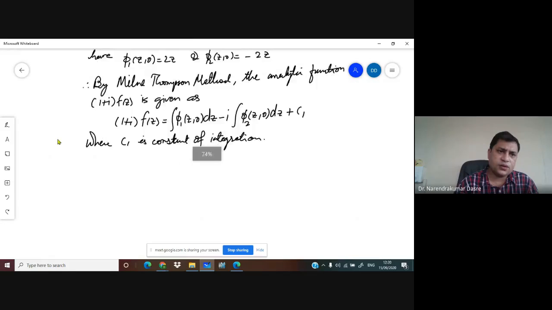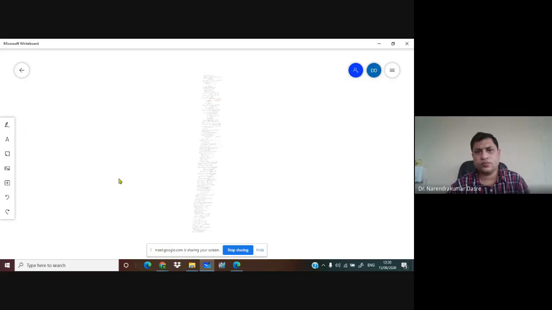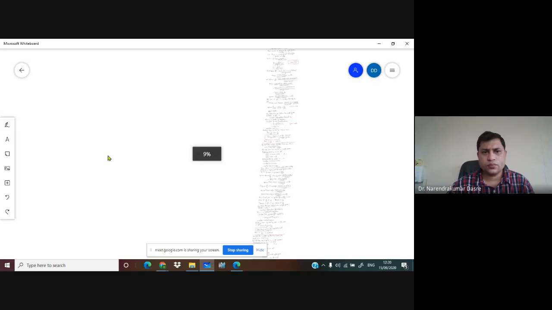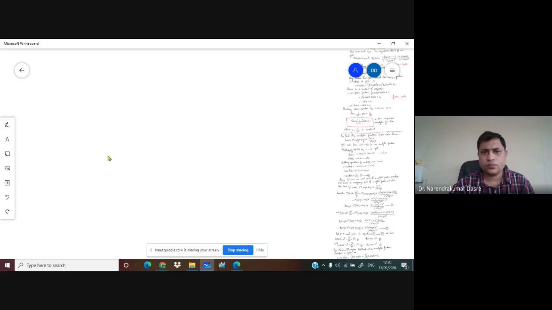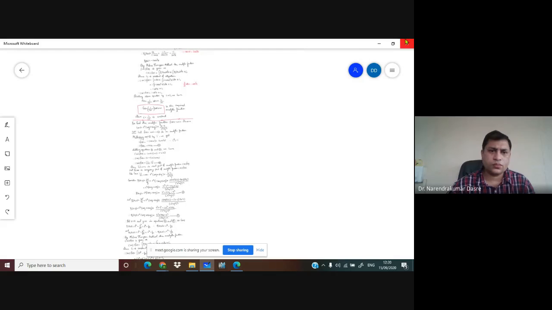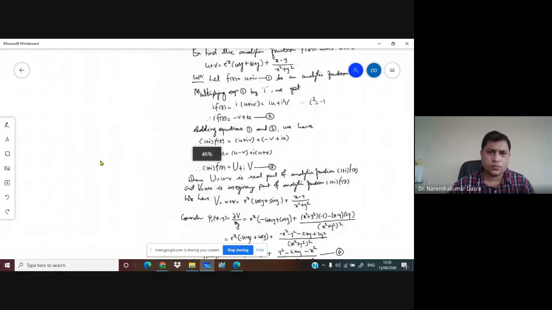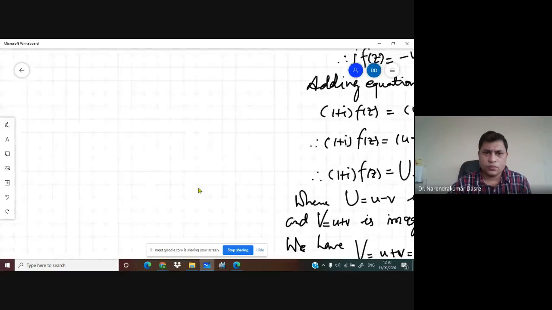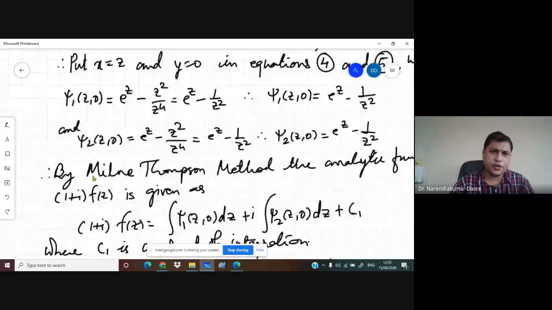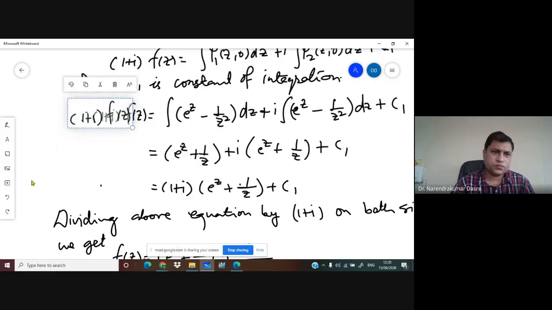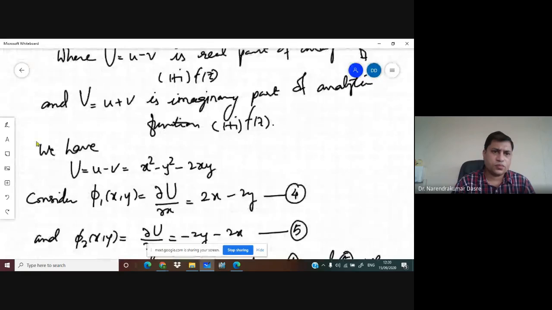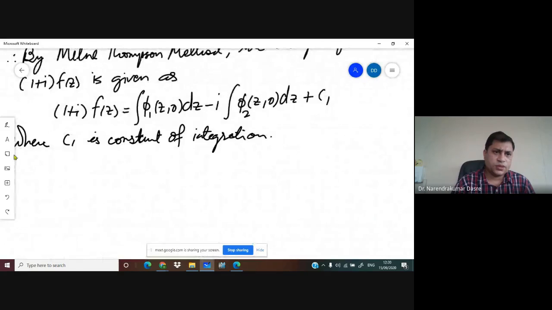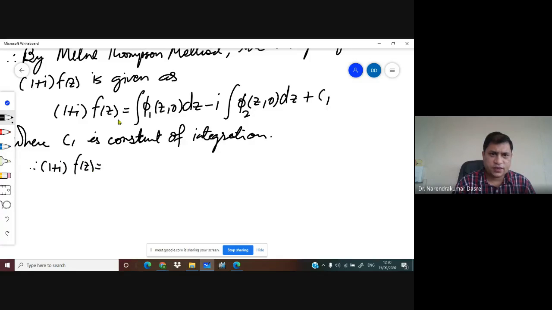So we get 1 plus i into f of z is equal to integral 2z dz minus i integral of minus 2z dz plus c1.